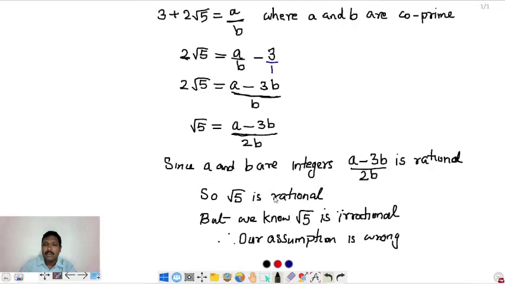Then finally we got root 5 as a rational number, but we know root 5 is irrational. Therefore our assumption is wrong. That means what we have assumed is wrong.